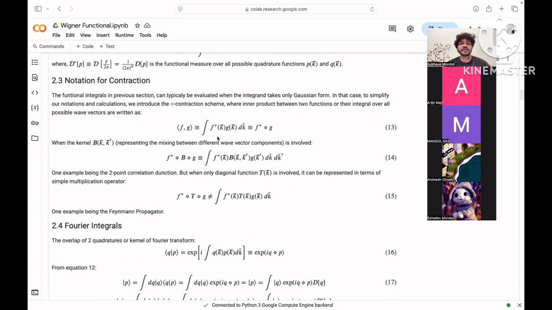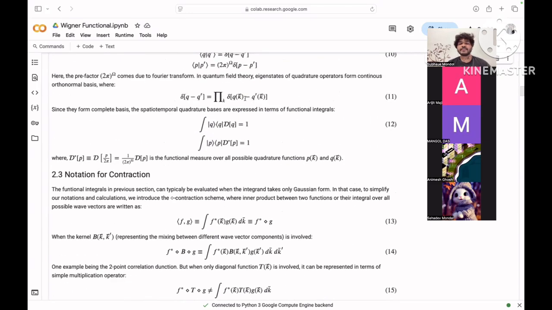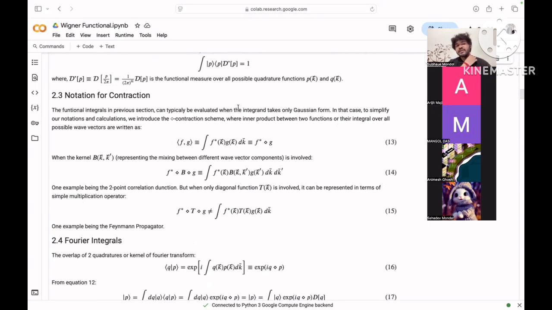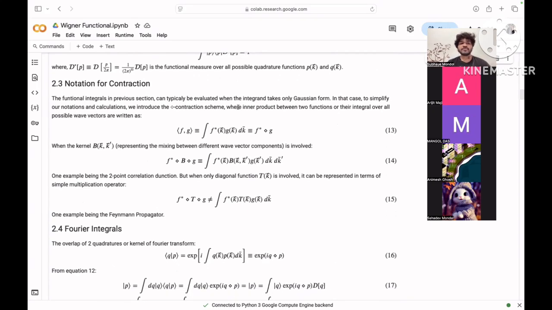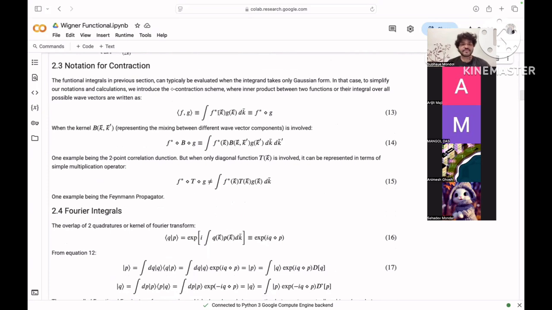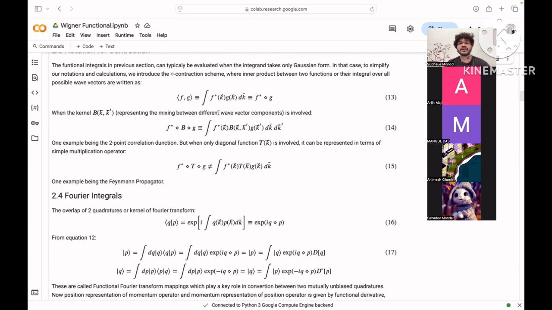Now, until now we have described our expressions in terms of integrals. This is a bit inconvenient, so we want to use a simpler notation for this contraction. In the previous section, the functional integrals can typically be evaluated when the integrand takes only Gaussian form.